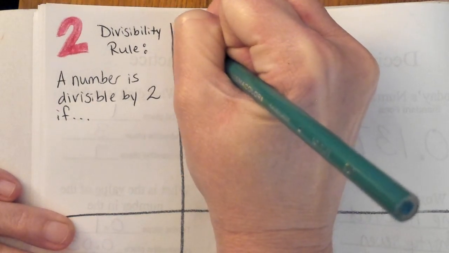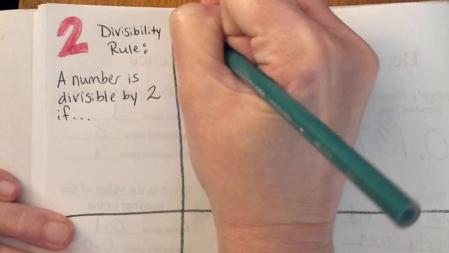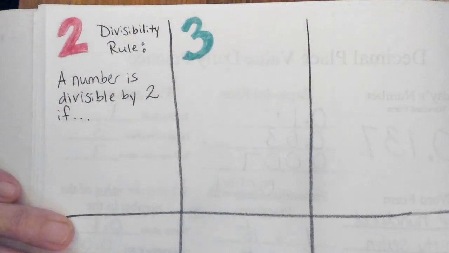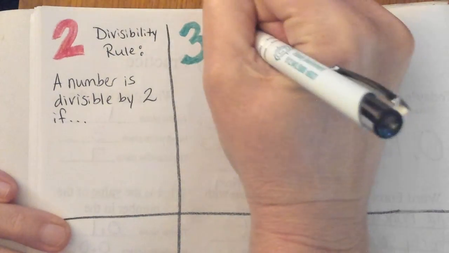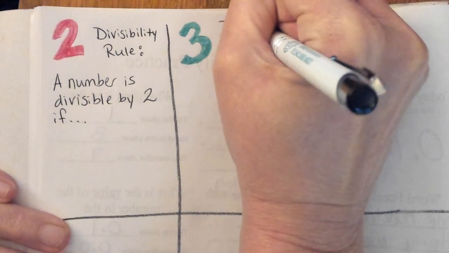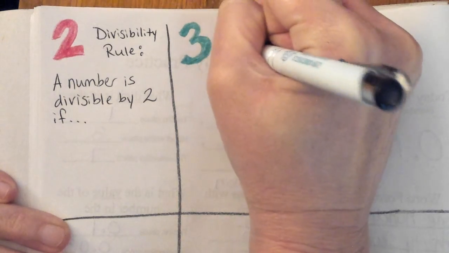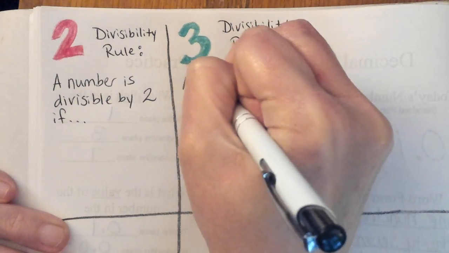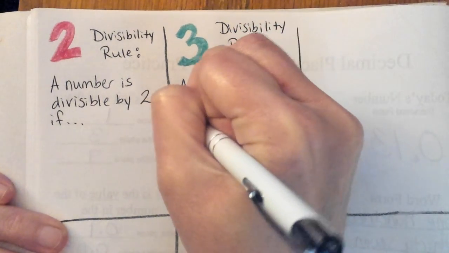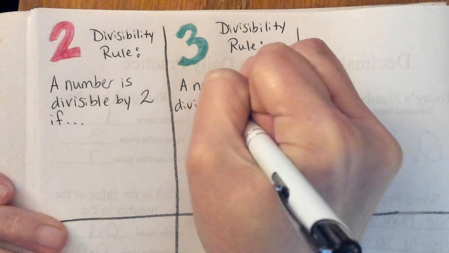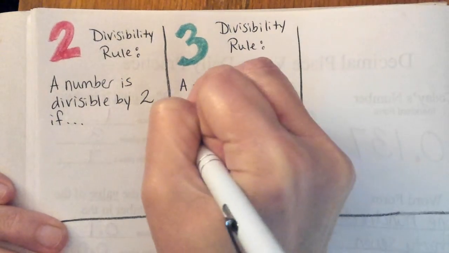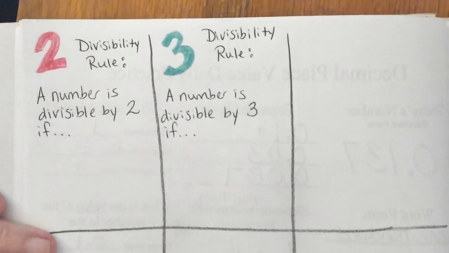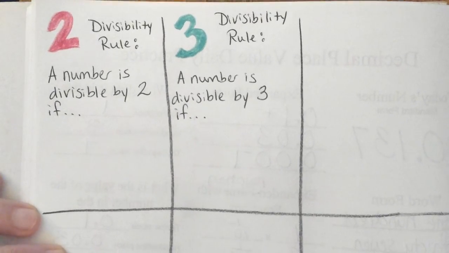Okay, so if you are wanting to work ahead a little bit, they're all going to be the same, where you've got next to the word 3, divisibility rule, and then that sentence stem, a number is divisible by 3 if... Okay, and we are going to do 2, 3, 4, 5, 6.